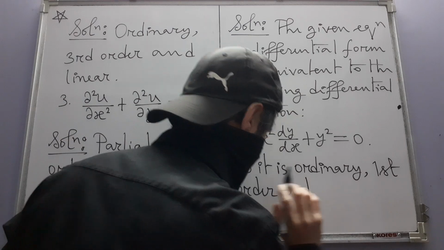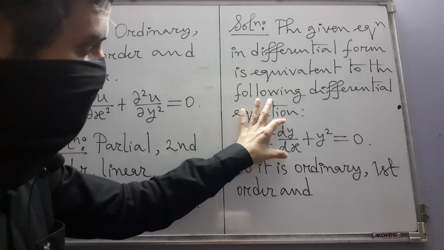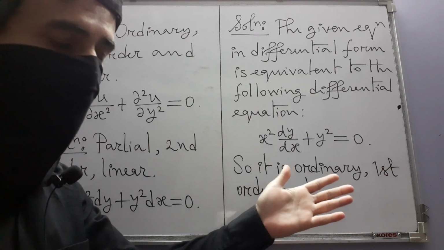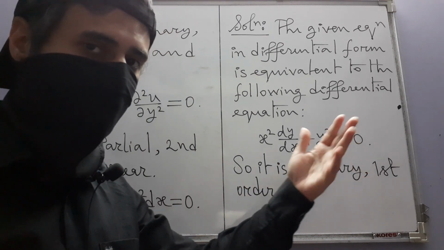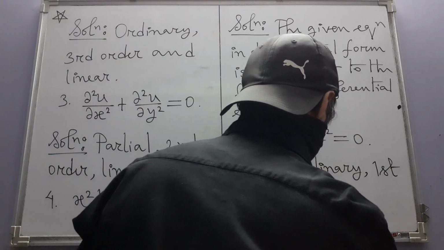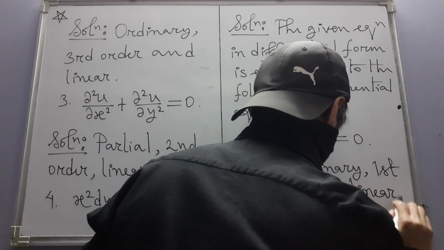And what about linearity? The derivative appears to the first order or first degree, rather I should say. But the unknown function itself here appears as square. It's not linear. Non-linear.